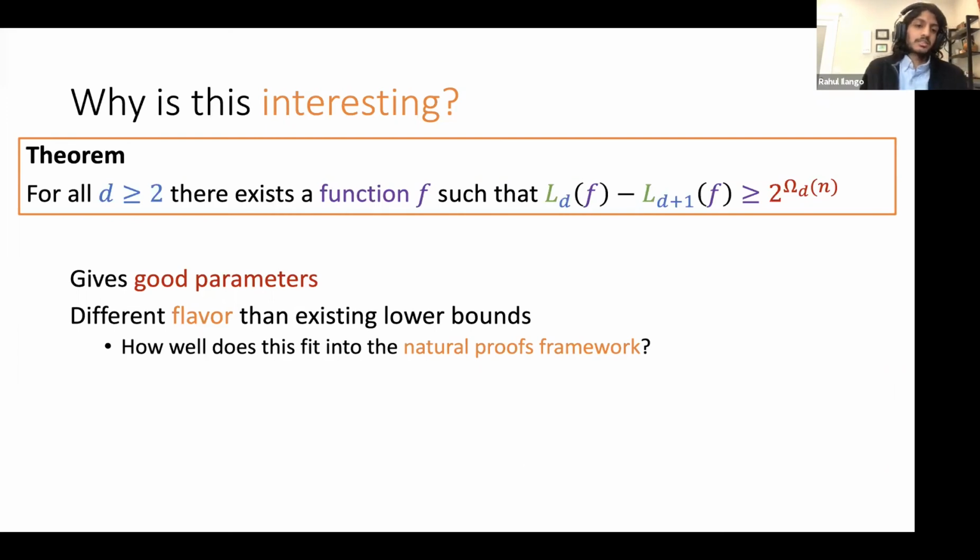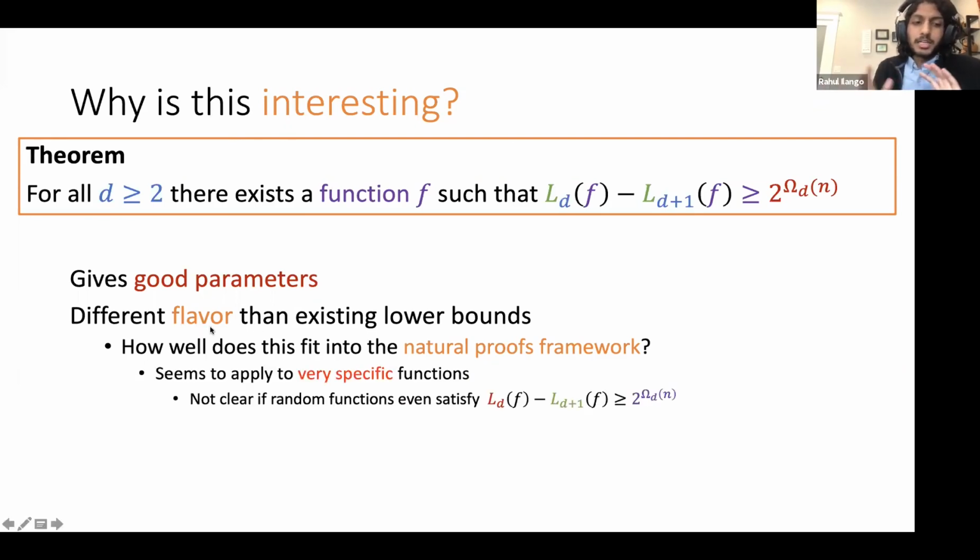If you're not familiar with the natural proofs barrier, it's not a big deal. But basically, there's two conditions a circuit lower bound needs to satisfy in order to naturalize. And one is that it has to apply to a big class of functions. And our lower bound seems to apply to a very specific class of functions.